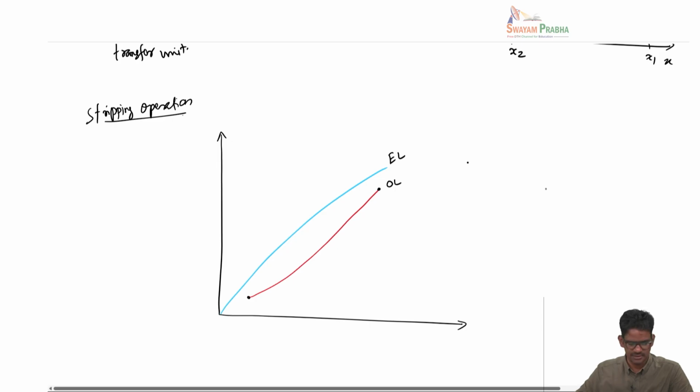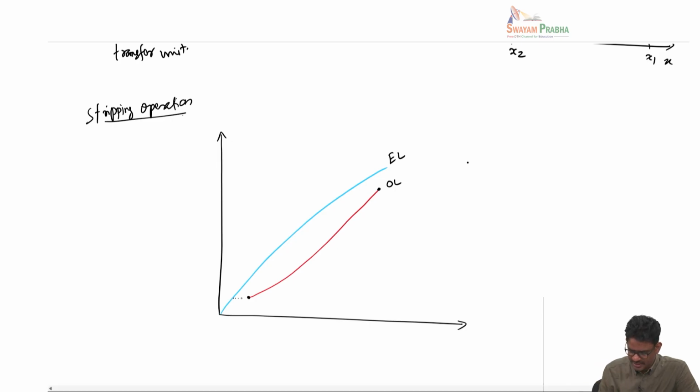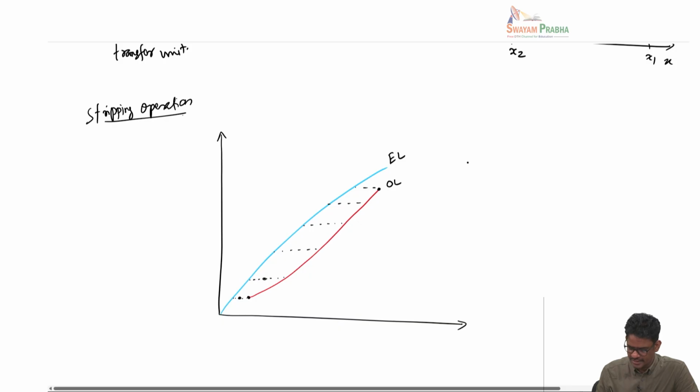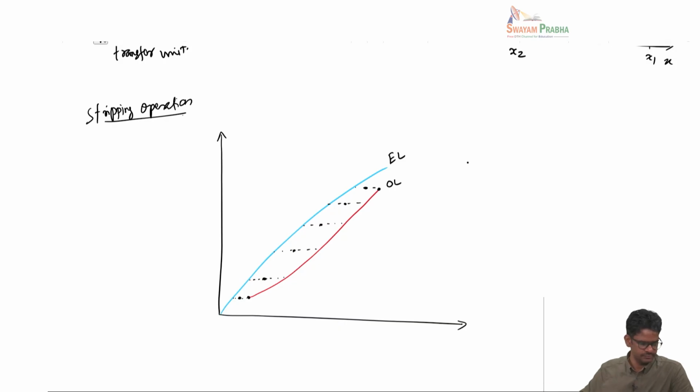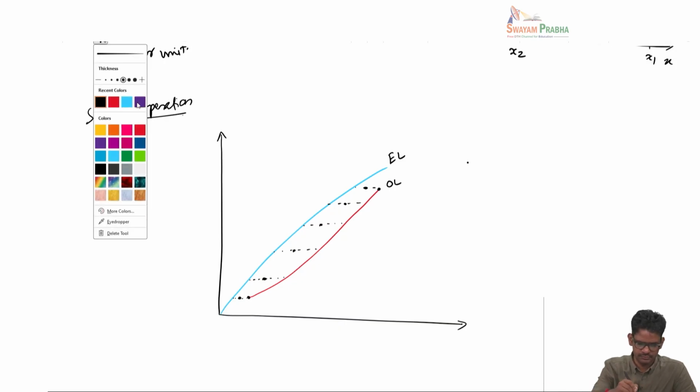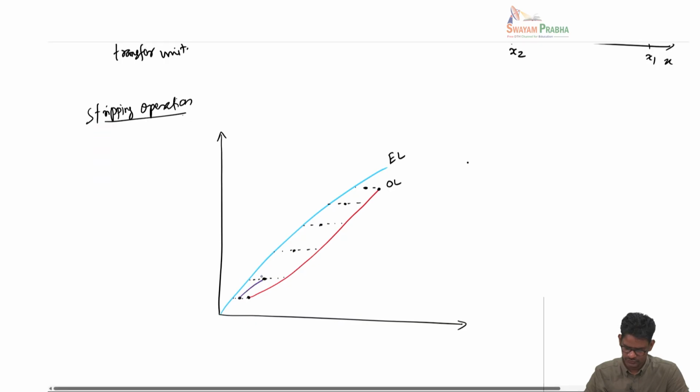So I will take this line and many such horizontal lines to find the midpoints, and I draw a line through those midpoints. So this is a midpoint line.